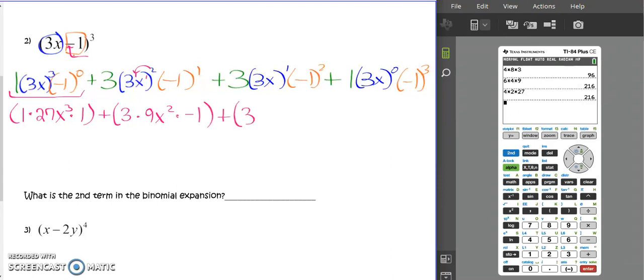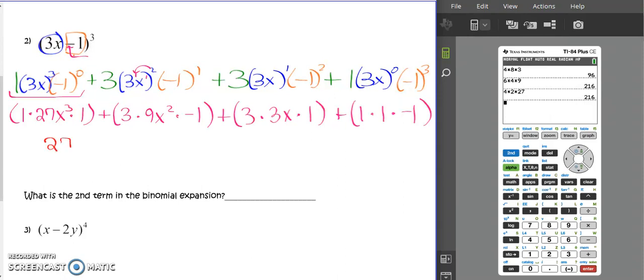Remember, the square goes to the exponent on the 3 and the x times negative 1. So what's this negative going to do? It's going to change the sign on the coefficient for that piece. So negative 1 squared is 1, plus 1 times negative 1. There we have it again. Okay? So let's multiply each piece.